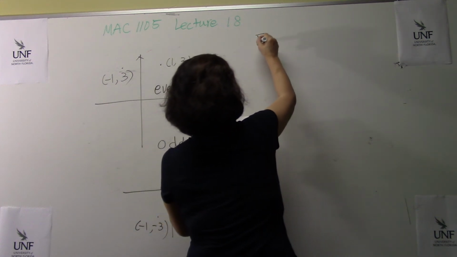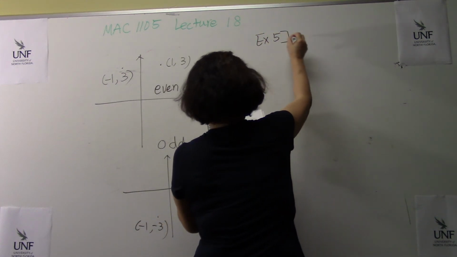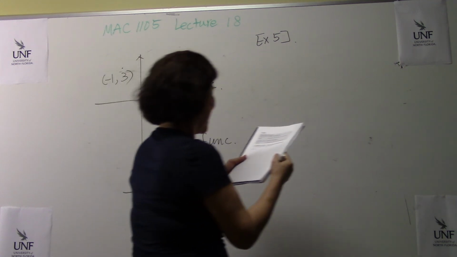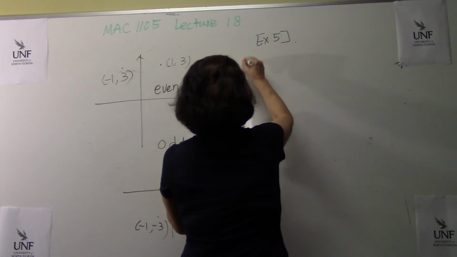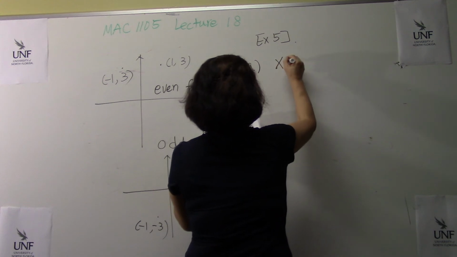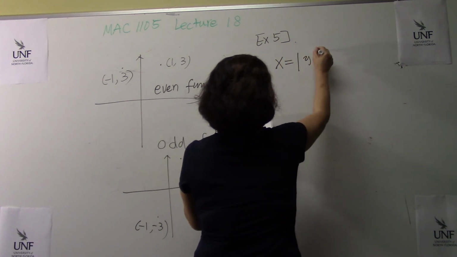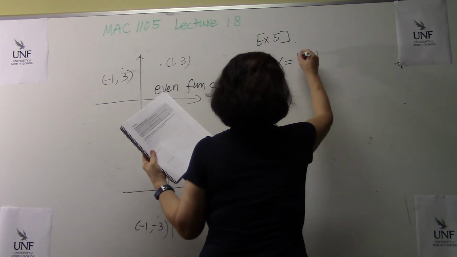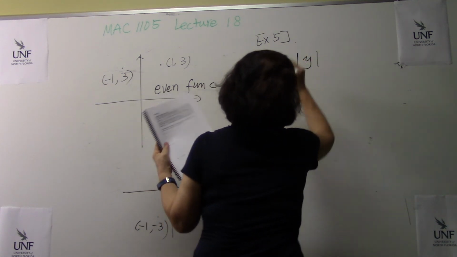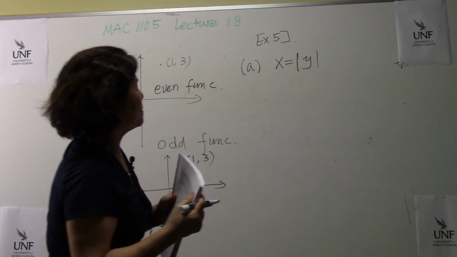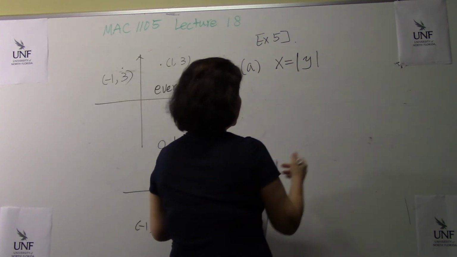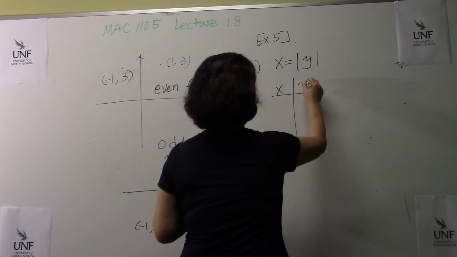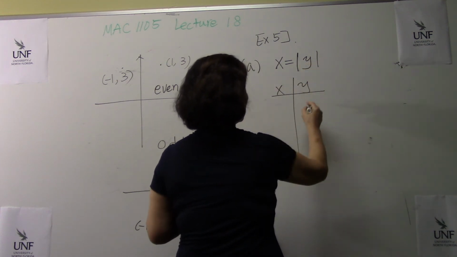Example 5. Testing for symmetry with respect to an axis. Part A. x equals the absolute value of y. Well, what kind of graph is this? Let's choose y equals 0.